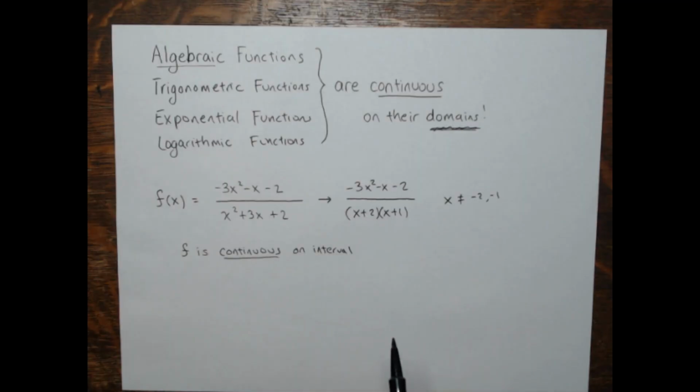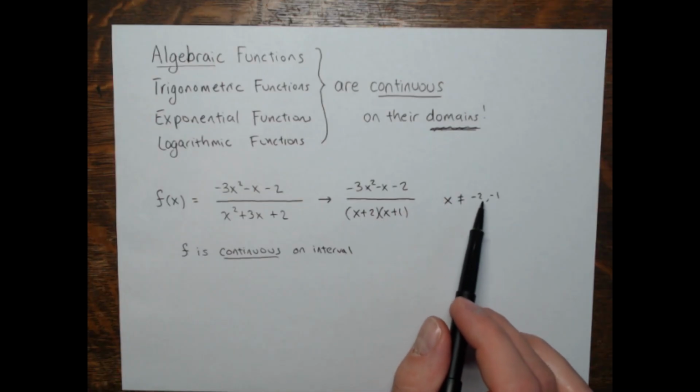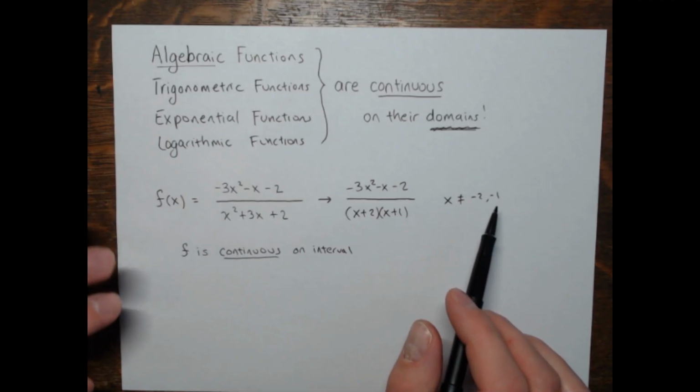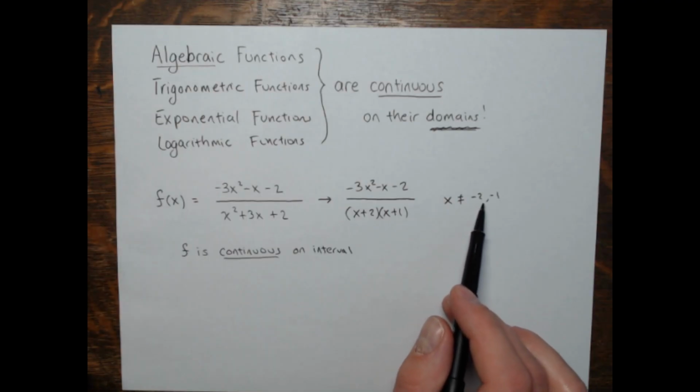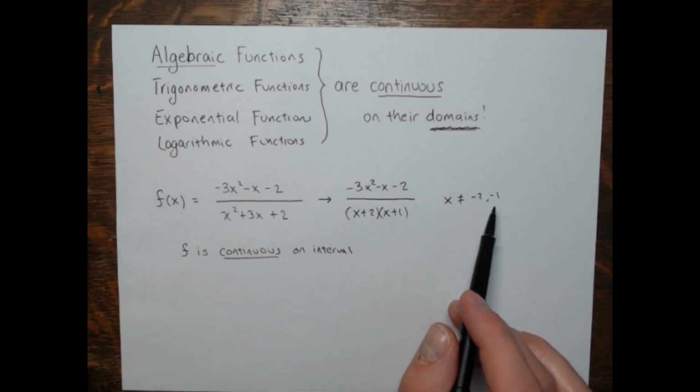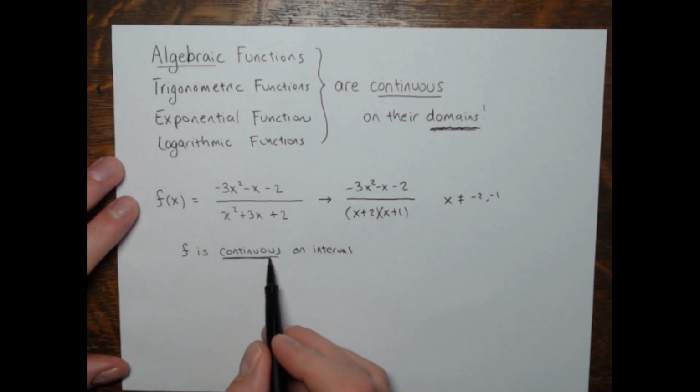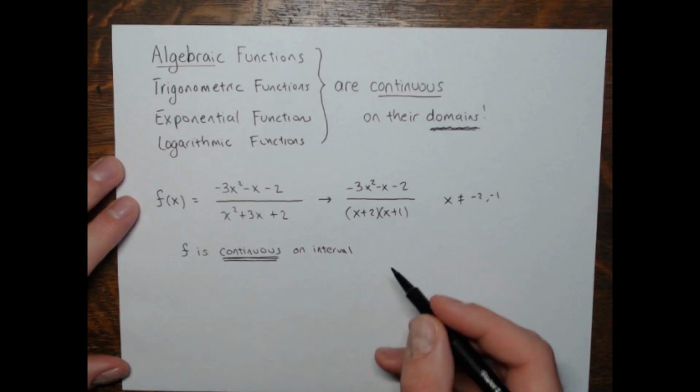You're dividing by 0. So at these points you'll have either an infinite discontinuity or a removable discontinuity. Probably not a jump here, but still, at either of these values you'll have a discontinuity. So you'll be continuous everywhere else.